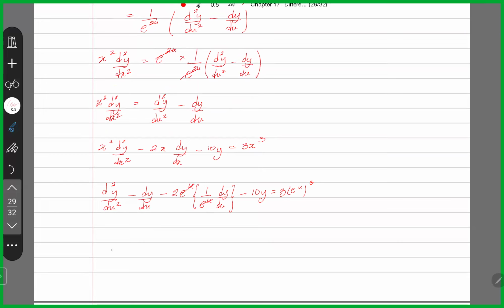We get d2y by du squared minus 3 dy by du minus 10y is equal to 3e to the 3u. So that is what we're asked to show. Then we're asked to solve this differential equation.